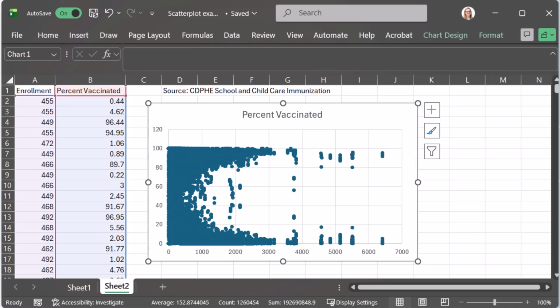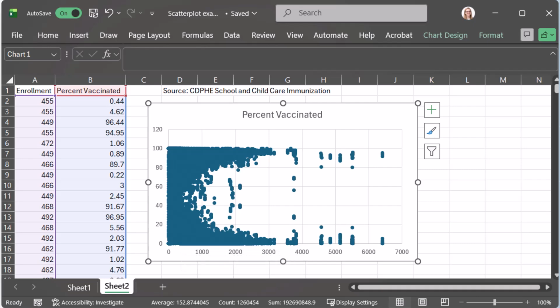This is kind of an interesting pattern. So we have the enrollment along the x-axis and the percent vaccinated. You can see that these values are limited from 0 to 100. We have a few quite large schools and then lots of schools that are smaller. This particular scatter plot is a little hard to read because there's so many dots, and there are some different modifications you can do with graphs for really large data sets that we won't get into.